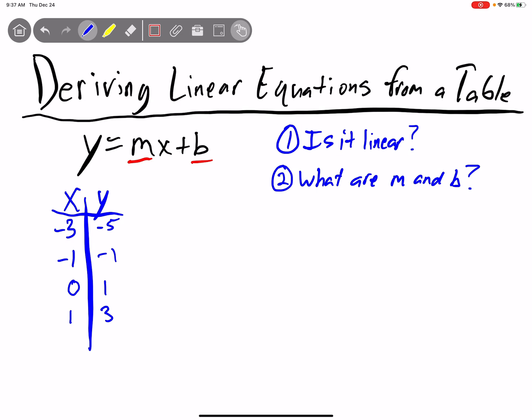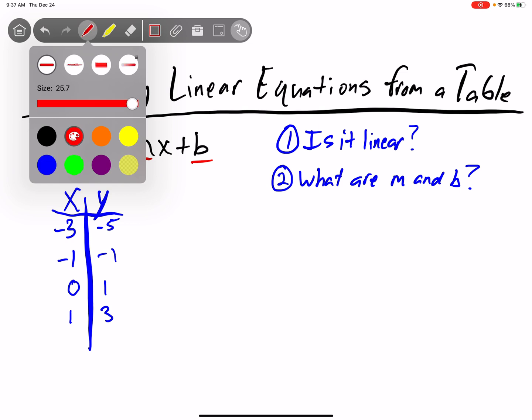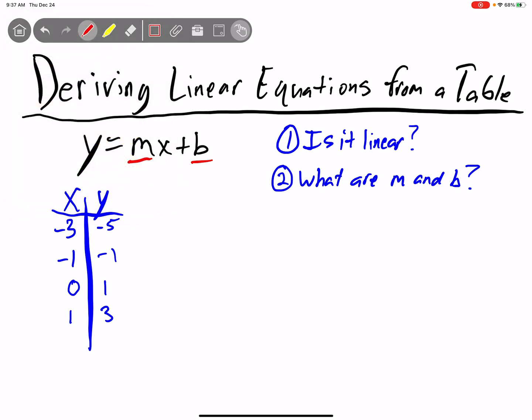So if I'm doing this, first thing I need to figure out, is it linear? How do I figure out if it's linear? I need to look at the ratios. Are they all equal? If the ratios are not equal, this is not a linear relationship.